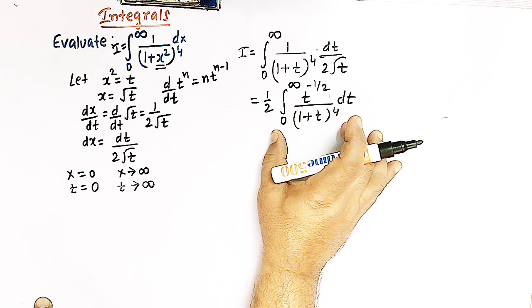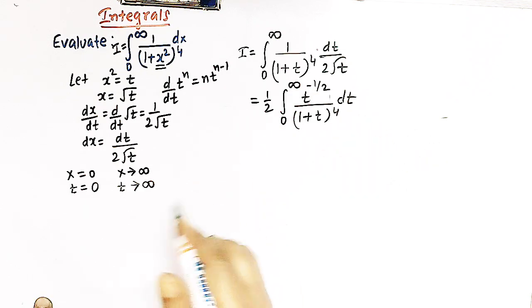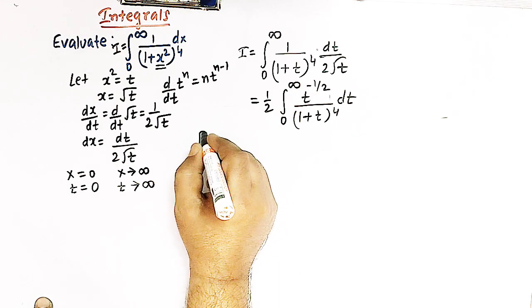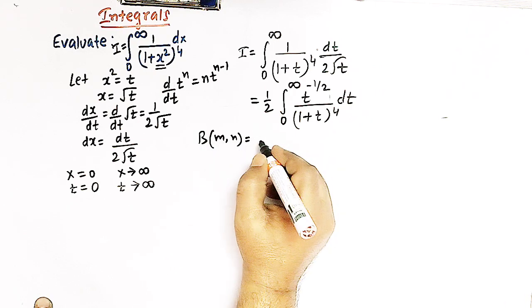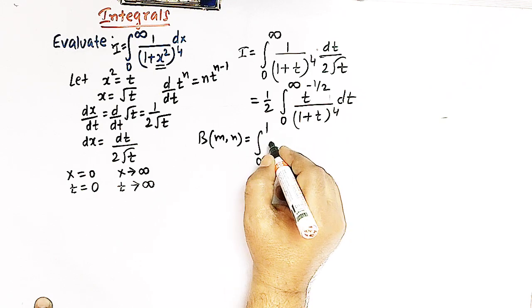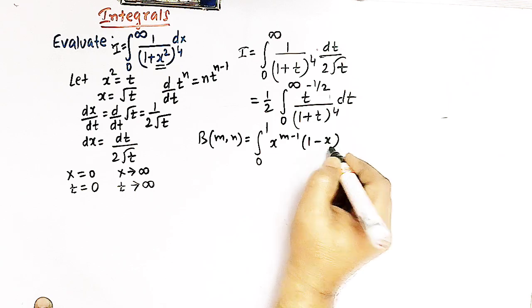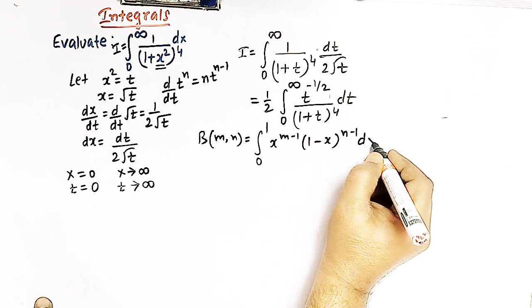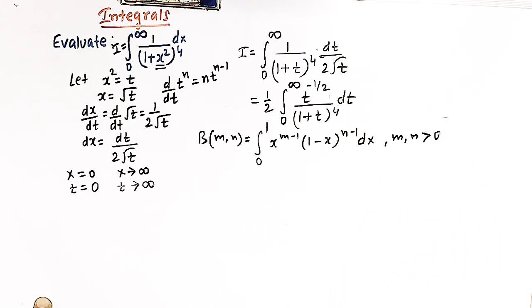So now let us consider this integral, and now let us define the beta function. Now beta function is defined as beta of m comma n is given by this integral, that is 0 to 1, x raised to m minus 1, (1 minus x) raised to n minus 1 dx, where m and n are greater than 0.